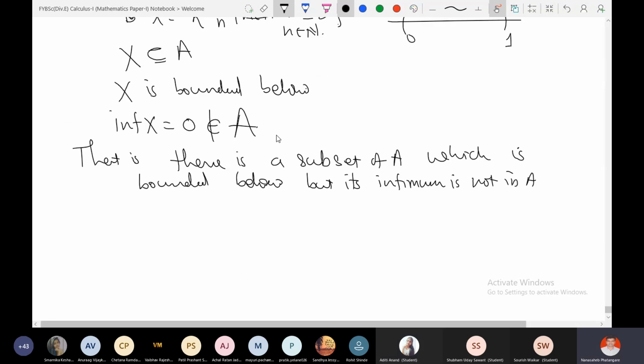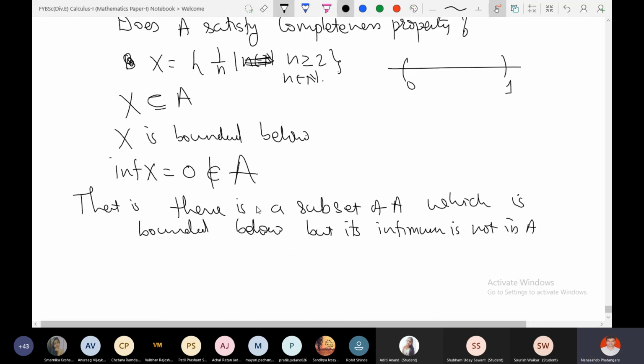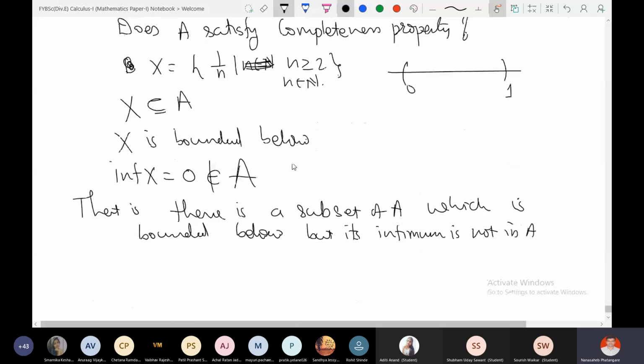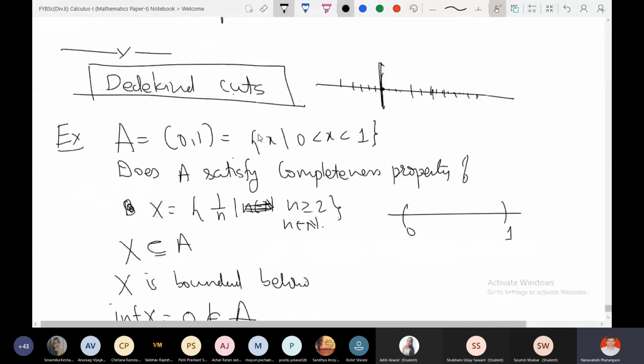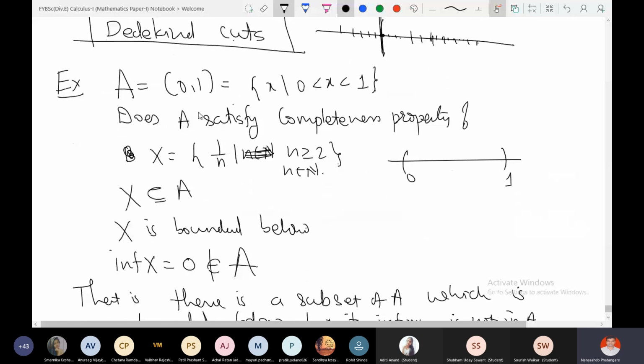And it is not in the space A. Now my space is A, and I have a subset of this space which is bounded below, but its infimum is not in the same space. Okay, you think about this problem. Next time we'll continue with this supremum completeness property.